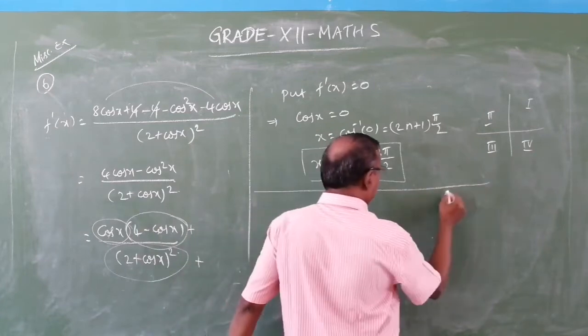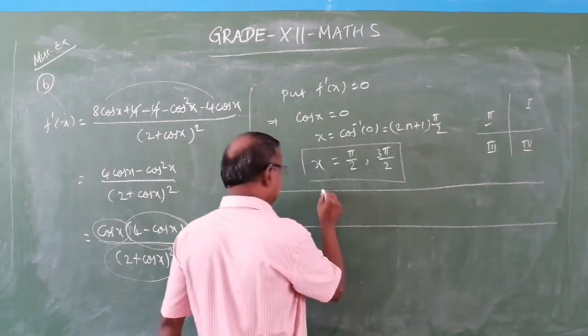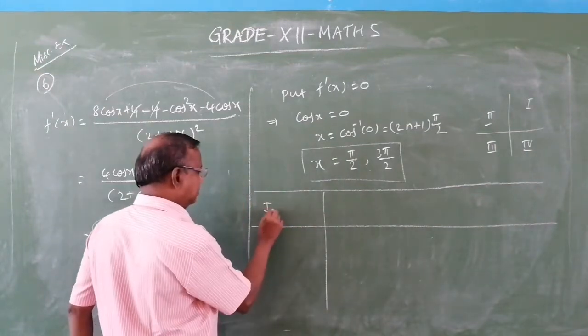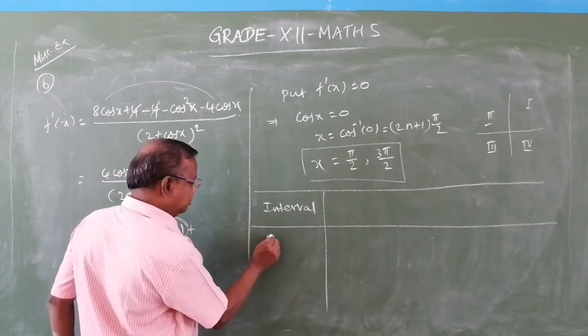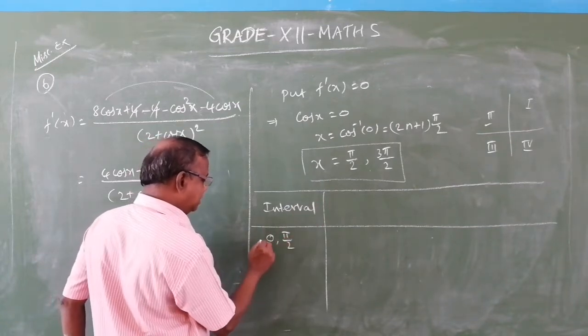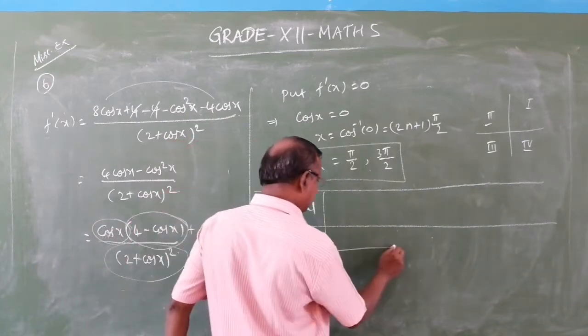Now, draw a tabular column. First is interval. The first interval is 0 comma pi by 2; put everything in the open interval.